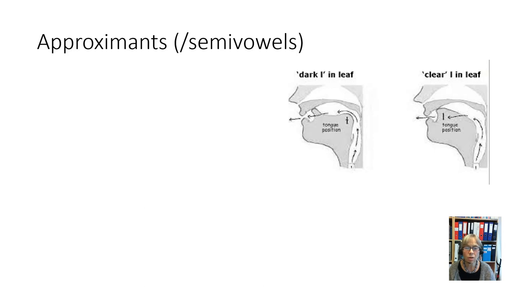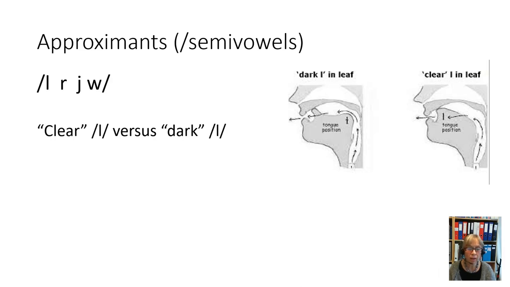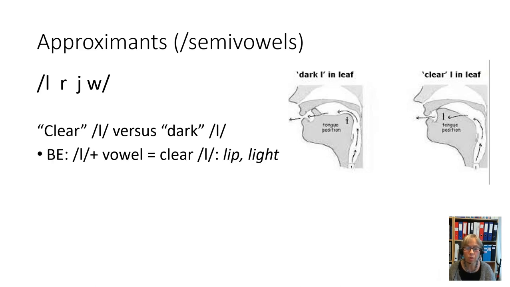Approximants, semi-vowels. The thing here to notice perhaps is that there is difference between clear L and dark L in British English. L plus vowel would be clear: lip, light.